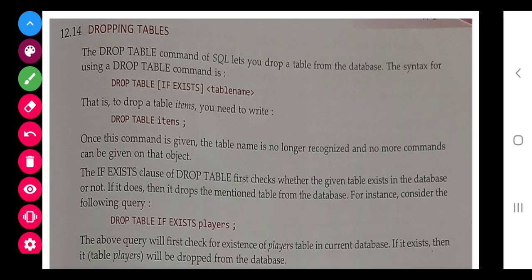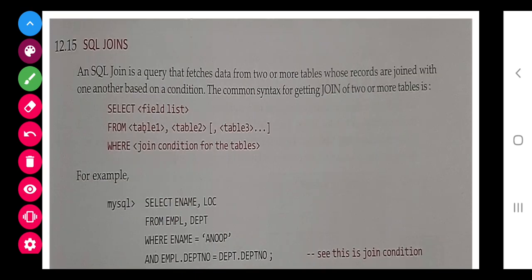Now class, there are some SQL joins also. If you remember, we can join tables, and that I have not told you practically, we have not done it practically. In class I have told you once in theory. So class, let's take an example.